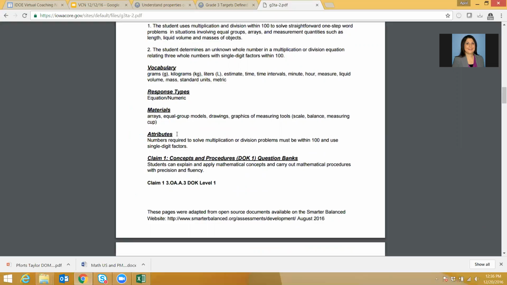Because if we're working with 3rd graders, we don't want huge numbers. We don't want them getting stuck on those because they don't really have that number sense about larger numbers just yet. So for this one, the attributes are numbers required to solve multiplication or division problems must be within 100 and use single-digit factors because that would be appropriate for 3rd graders.